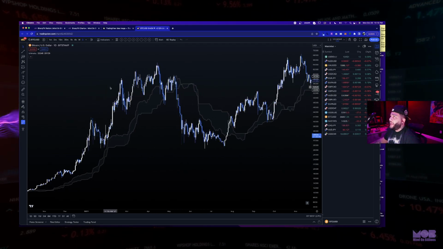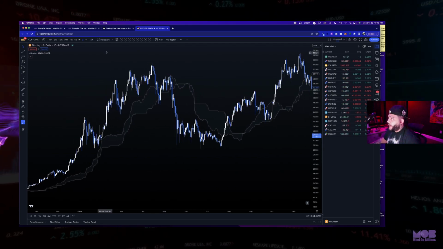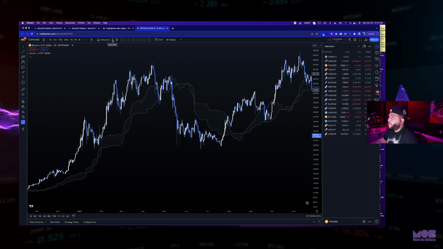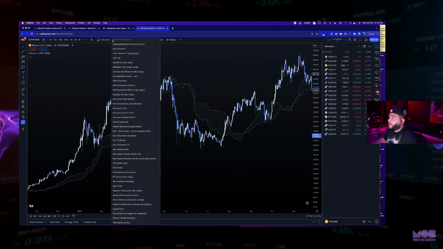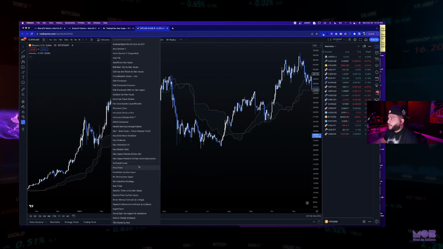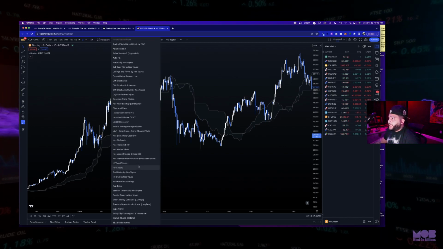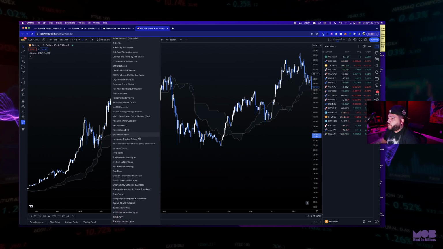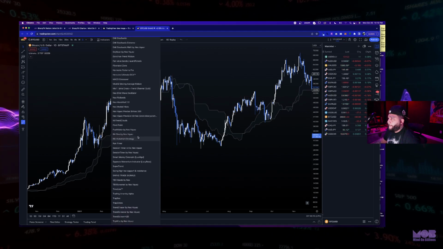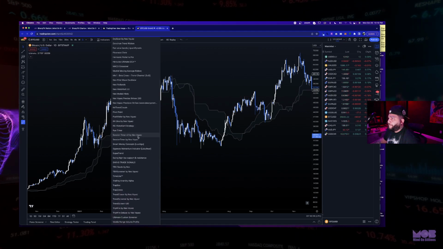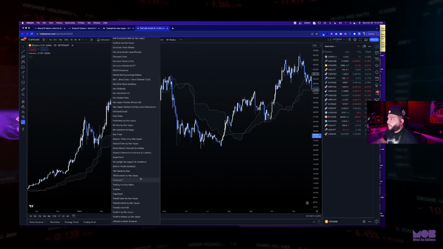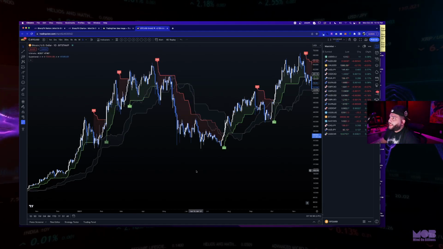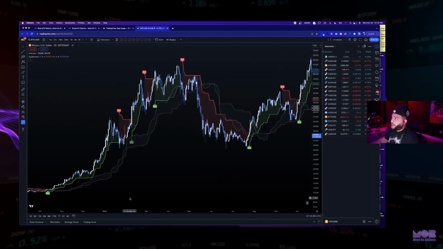If I want to throw in one of my other favorite indicators, let's say we use a momentum-based one. Let's check this out. Let's use one of my custom ones. Let's say we use the SuperTrend to go along with this.